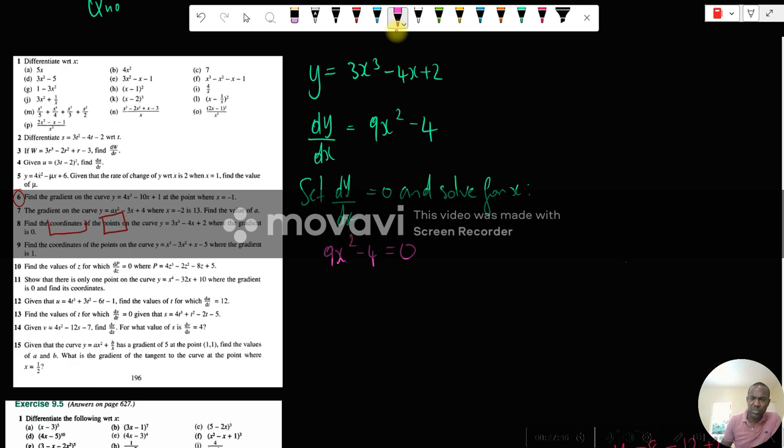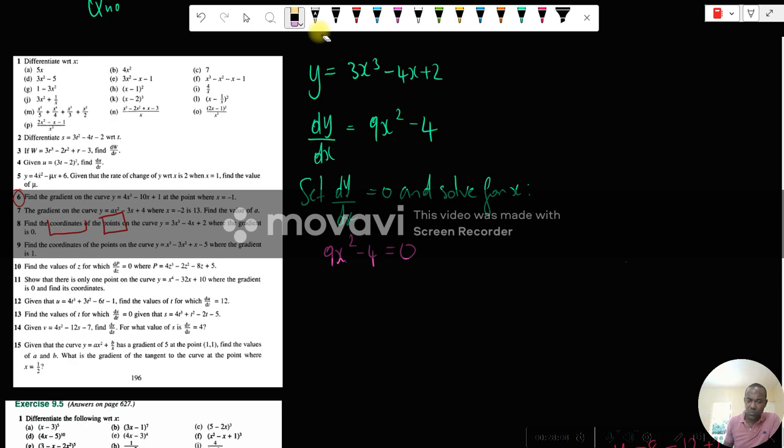What do we call these types of expressions? Difference of two squares.